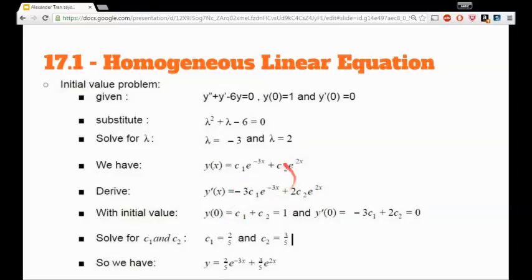Now we can use these two equations and the initial values to solve for c1 and c2. We can set y(0) equal to c1 plus c2, which is equal to 1, and y prime(0) equal to -3 c1 plus 2 c2 is equal to 0.